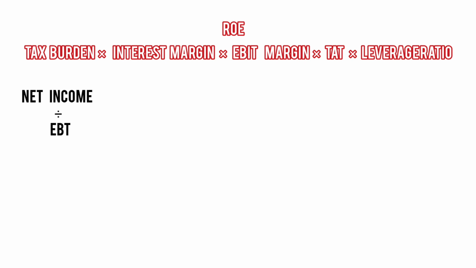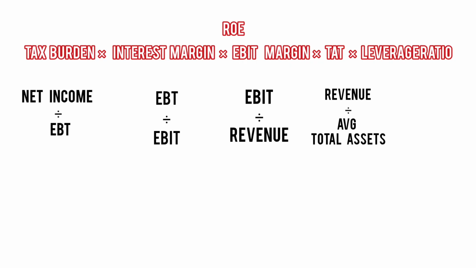The interest burden is EBT divided by EBIT. The next one, EBIT margin, is EBIT divided by revenue. Total asset turnover is revenue divided by average total assets. Leverage is average total assets divided by average total equity.